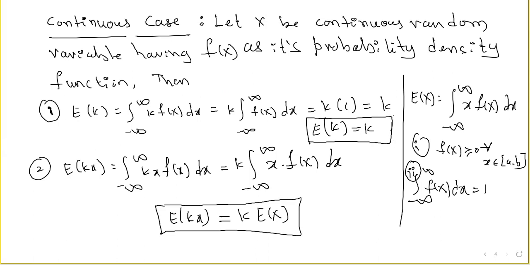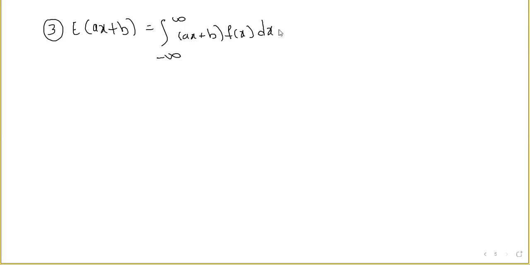Now next, third one, expected value of ax plus b. Expected value of ax plus b is equal to, apply the same formula, integration minus infinity to infinity ax plus b f of x dx.